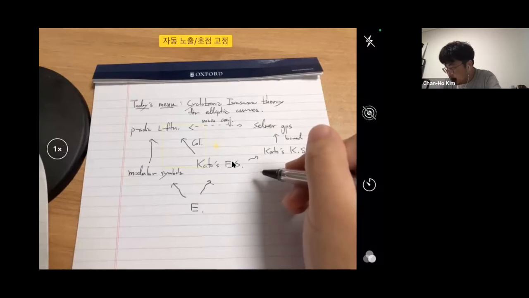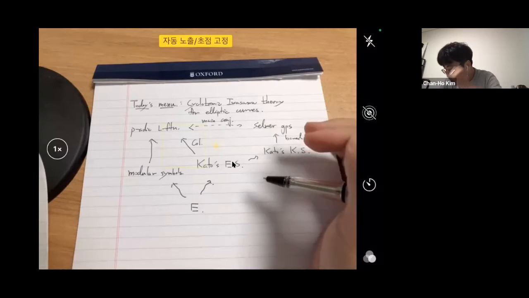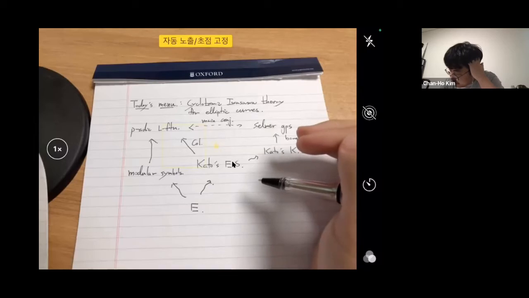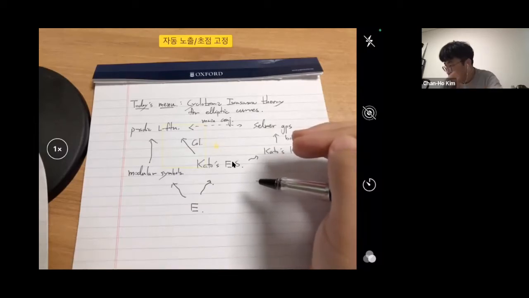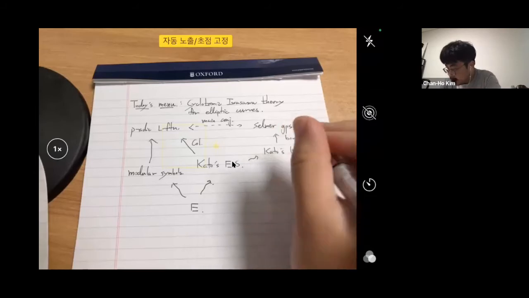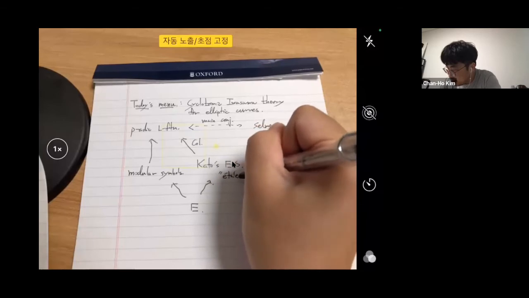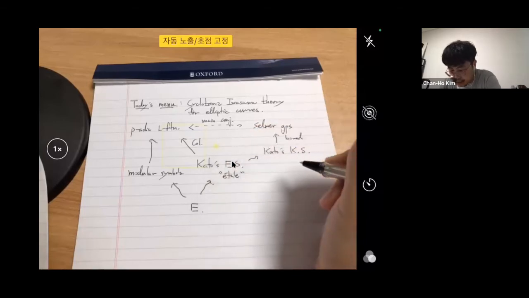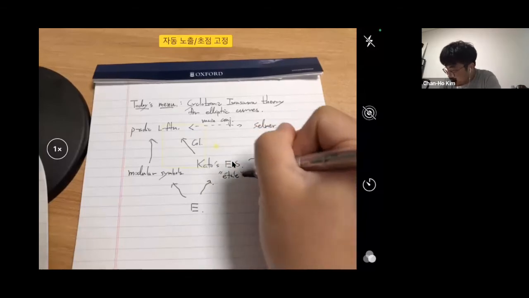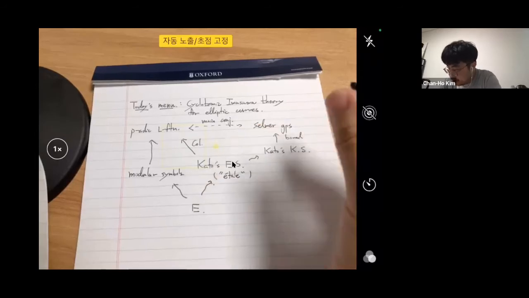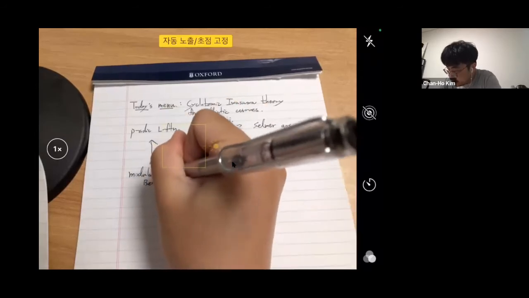From the point of view of motives, I want to regard Kato's Euler system as a kind of étale one, corresponding to the étale realization of motives. And the modular symbol can be regarded as a Betti realization.